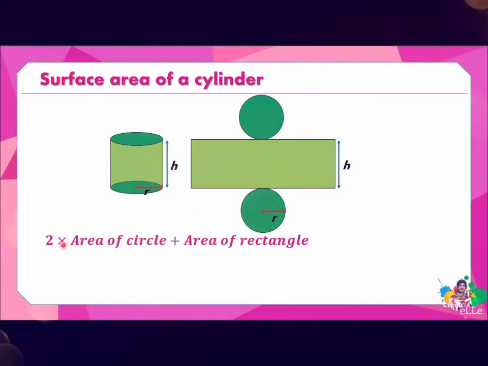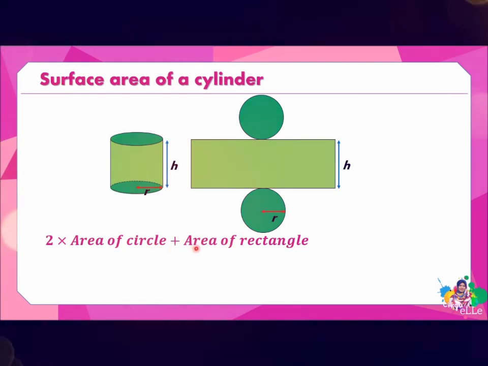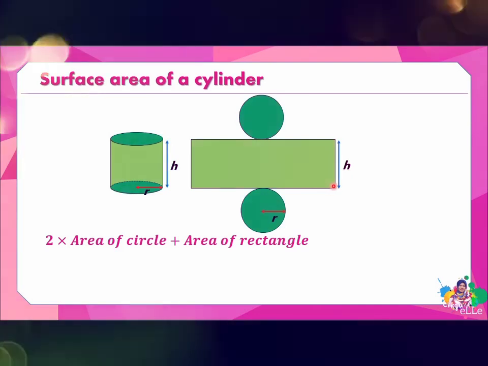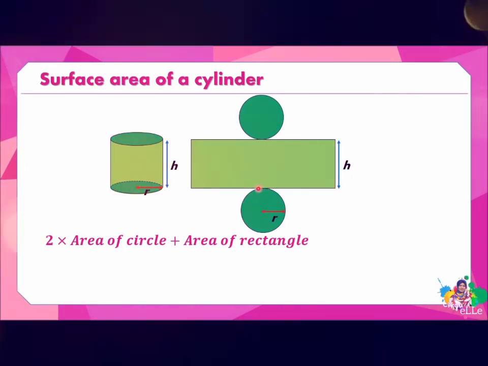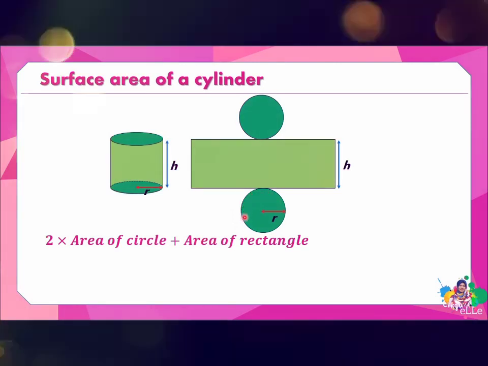Alright, so to find the surface area of a cylinder, 2 times the area of the circle plus the area of the rectangle. Therefore, you have to know the length of this rectangle. Okay, this length is actually equal to the circumference of this circle.